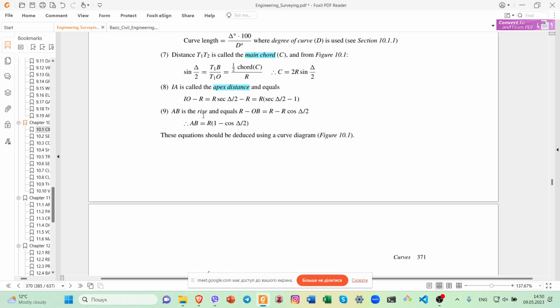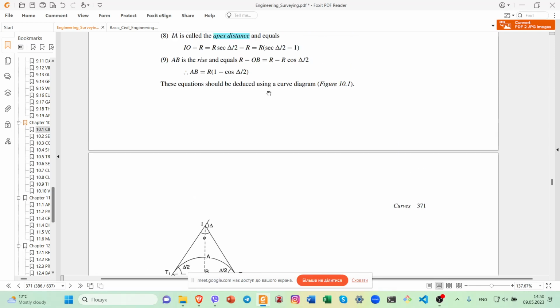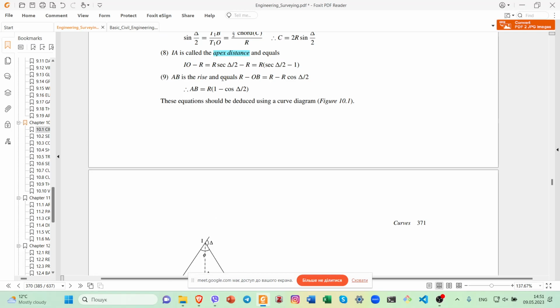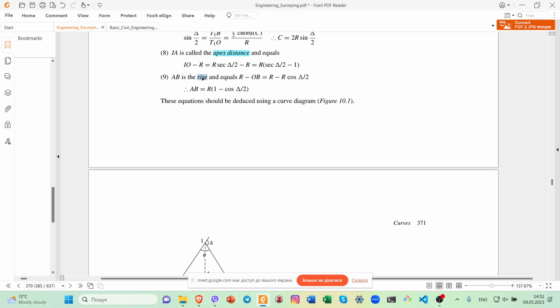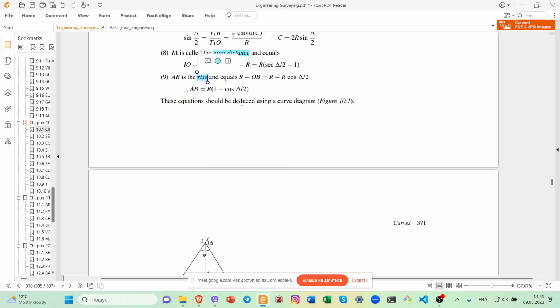AB is the rise and equals as follows. These equations should be deduced using a curve diagram.